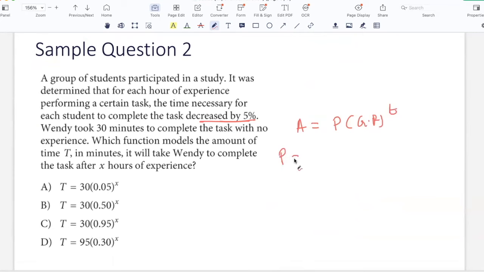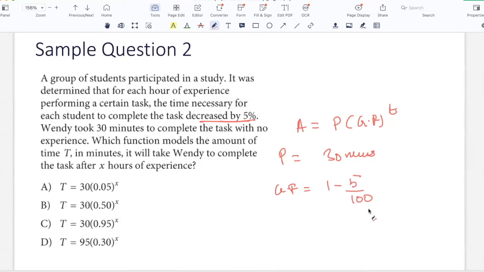So here the initial value is 30 minutes because when there was no experience, Wendy took 30 minutes. And the growth factor would be 1 minus 5/100, because with every hour, the time necessary to complete the task decreases by 5%.